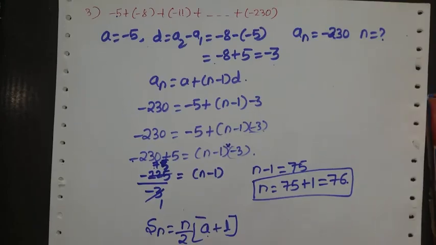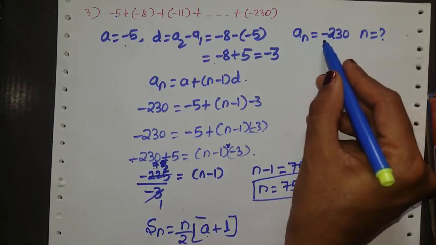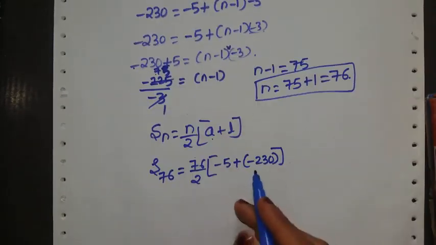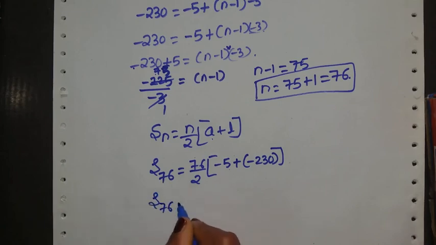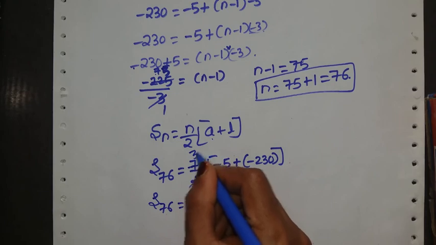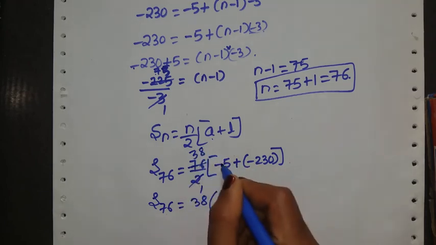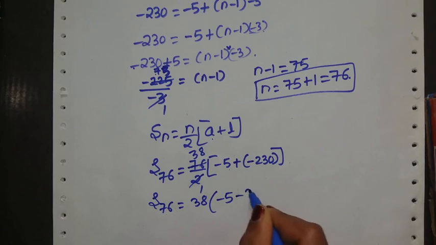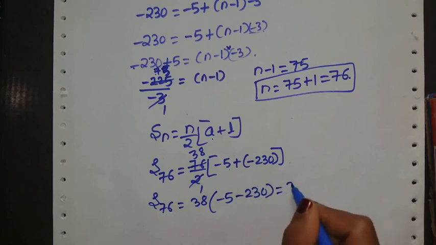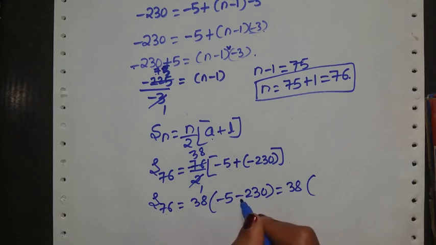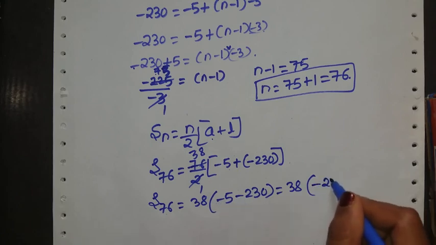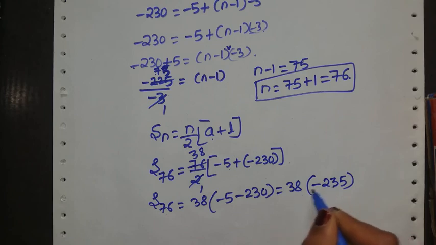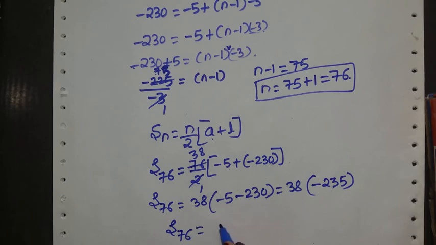So S76 is equals to 38 into minus 5 plus minus 230. So it is equals to 38 into minus, minus, so we need to add this, that is equals to minus 235. So on multiplying these two, we will get S76 is equals to minus 8930. This is the sum of the 76 terms of the given AP.